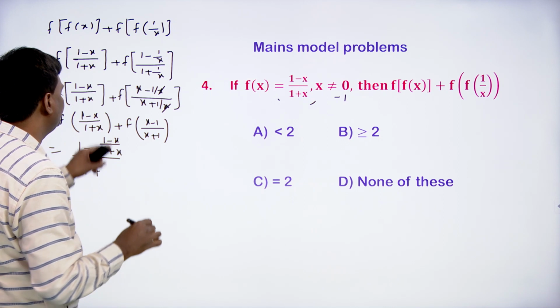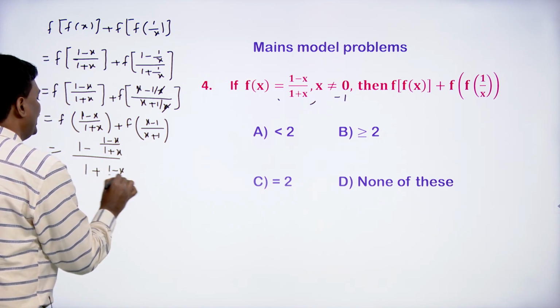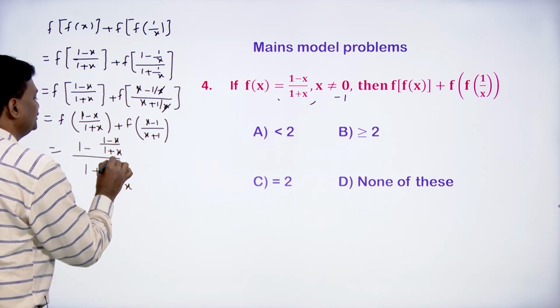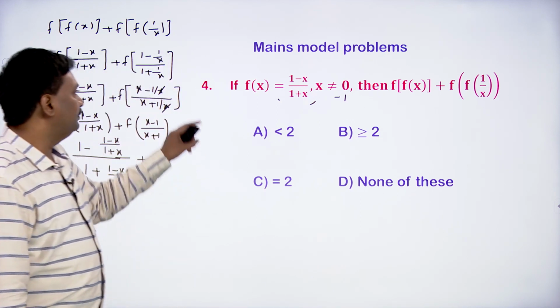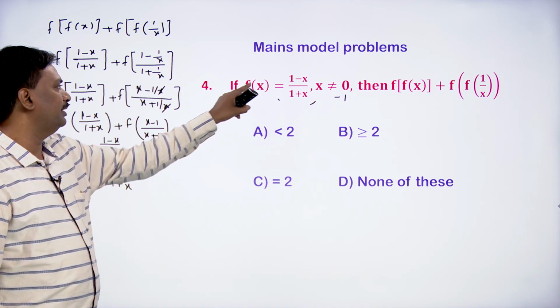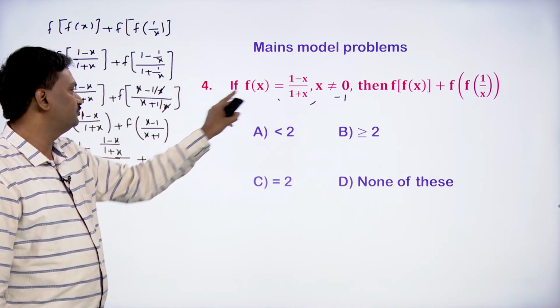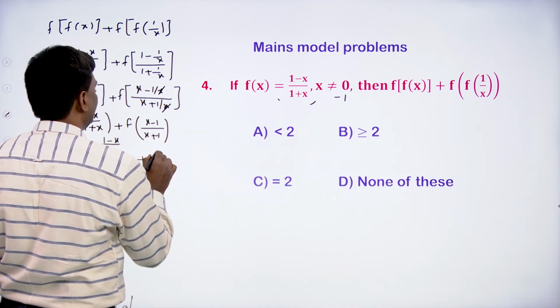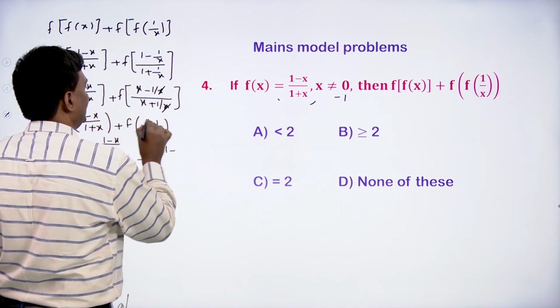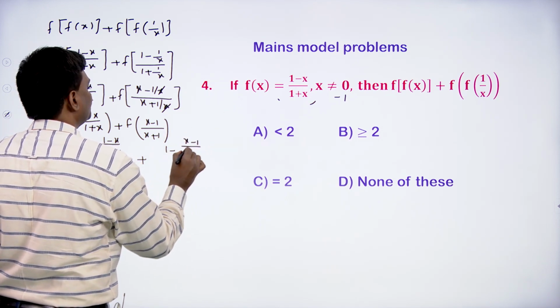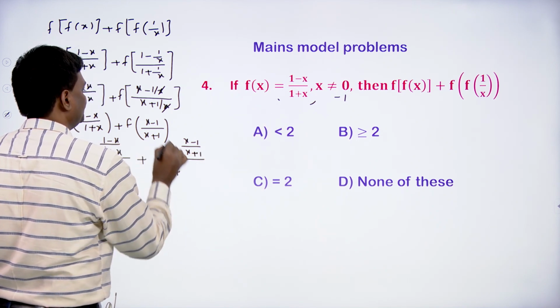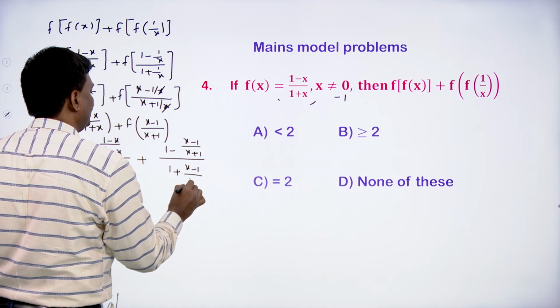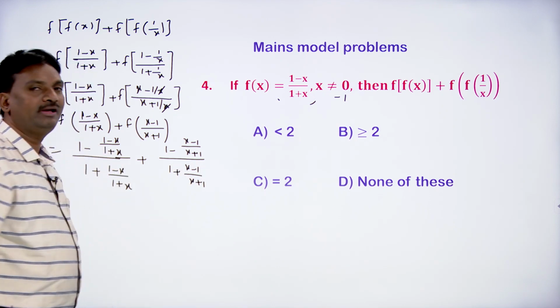Again in place of x by writing (1 minus x)/(1 plus x), plus f of (x minus 1)/(x plus 1). In place of x we have (x minus 1)/(x plus 1). So that is 1 minus (x minus 1)/(x plus 1) by 1 plus, in place of x by writing (x minus 1)/(x plus 1).